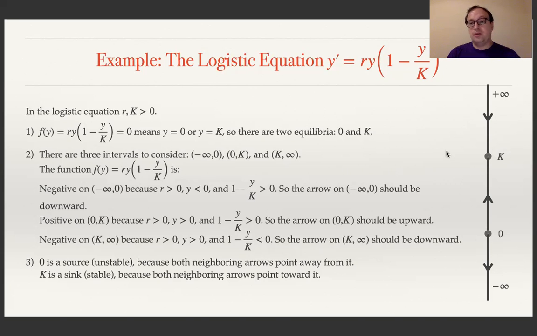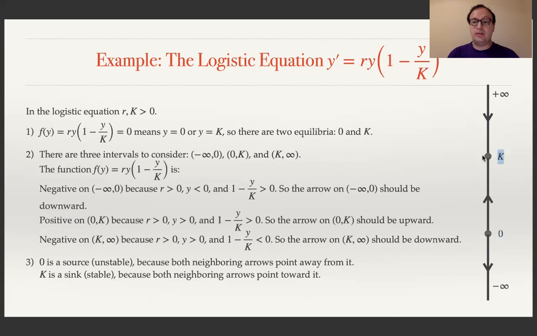It's going to become larger. This is what makes 0 an unstable equilibrium. If the population is originally 0, it will forever remain 0. But if it's even slightly different from 0, then it will grow away from 0.